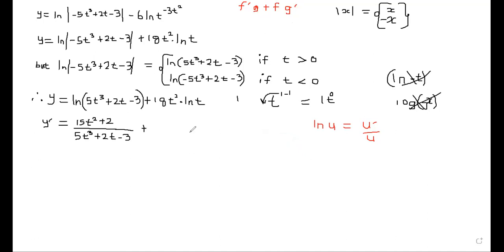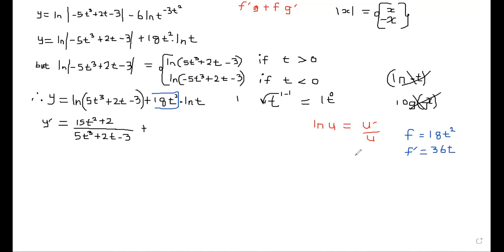So now what is our f? The function f is the first one that is multiplying. So f is 18t squared. What is f prime? You just take the 18t squared and derive. So take the 2 down, it becomes 36t.